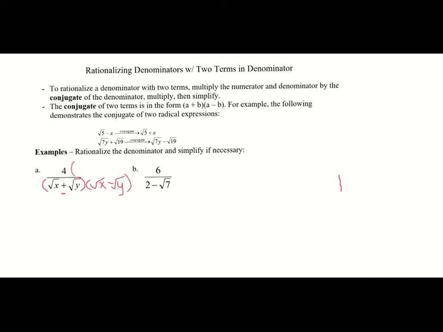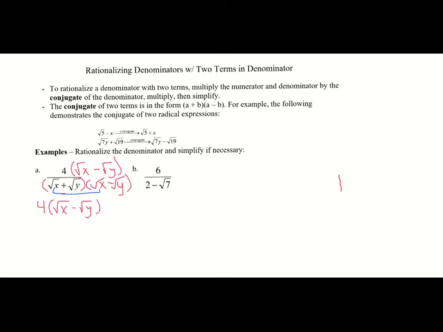And again, whatever you do to the bottom, you do to the top. Now, sometimes on the top, you multiply it out, but right now I would say leave it in factored form, because if we need to simplify later, that might help us. So I'm going to leave the top right now as 4 times the square root of x minus the square root of y. But on the bottom, we are going to FOIL.